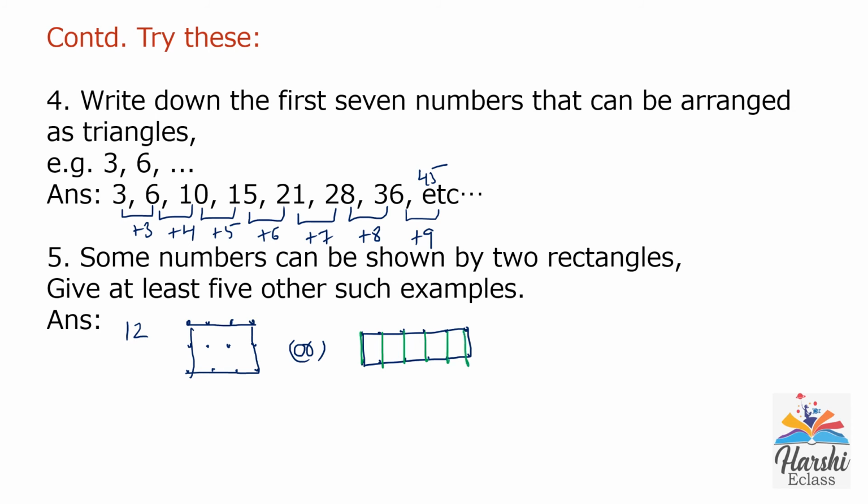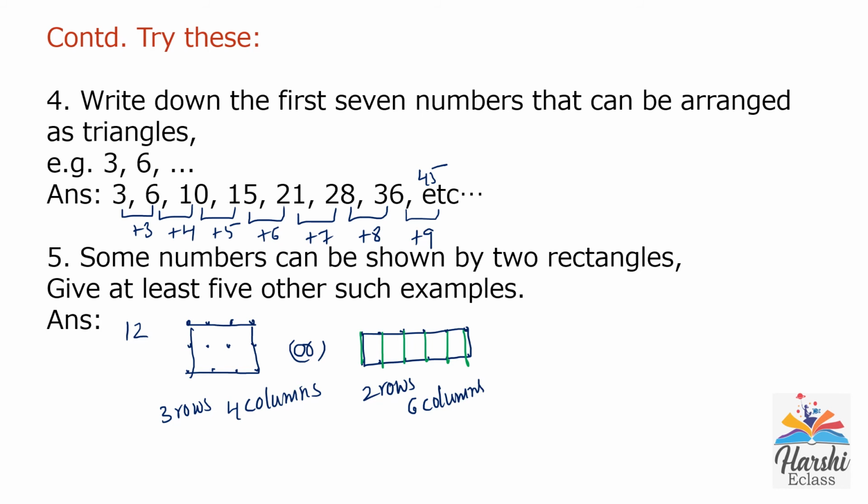It can be arranged as 3 rows and 4 columns or 2 rows and 6 columns. Like this, there are many examples which can be arranged in 2 rectangles.